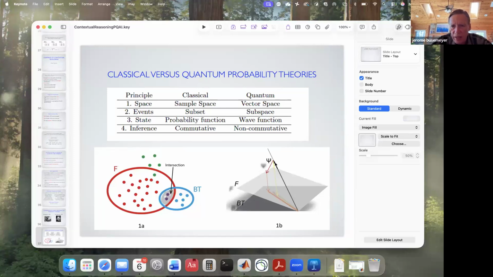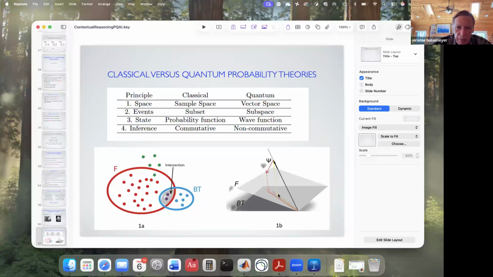If we take the state vector psi here, that black arrow, and we project onto the dark shaded Bank-Teller subspace, then we get another projection. It's this lightly shaded line here, a shorter line right here. And so that's the probability of Bank-Teller, the squared length of that vector.